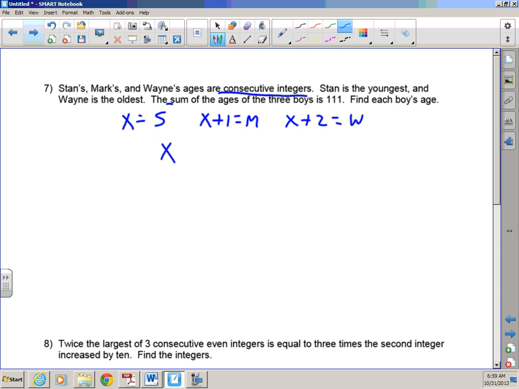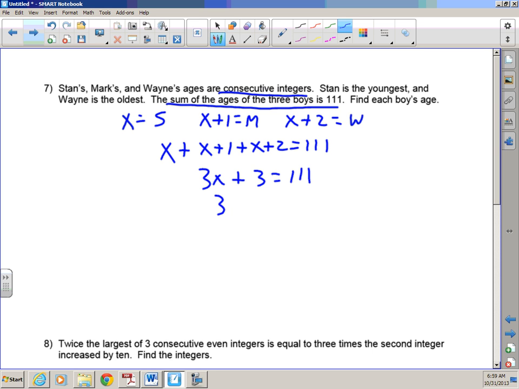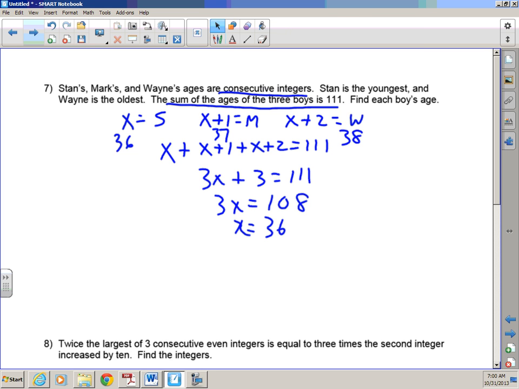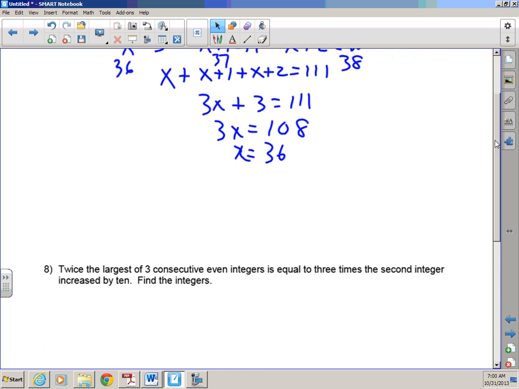This is pretty straightforward. So, Stan is 36, Mark is 37, and Wayne is 38. Those were the days. Okay? All right, moving on.